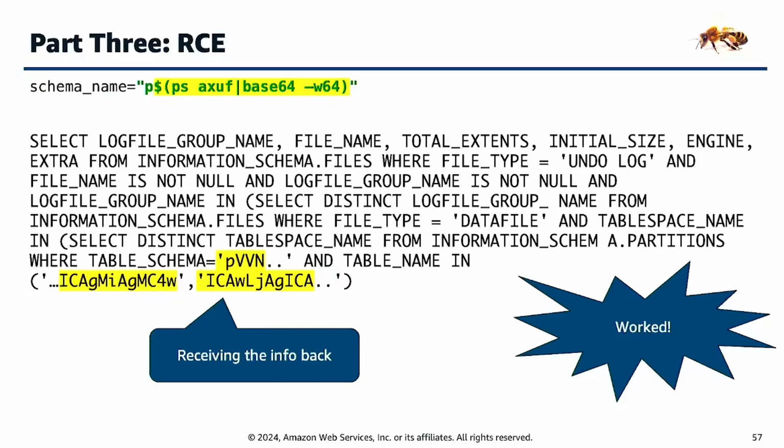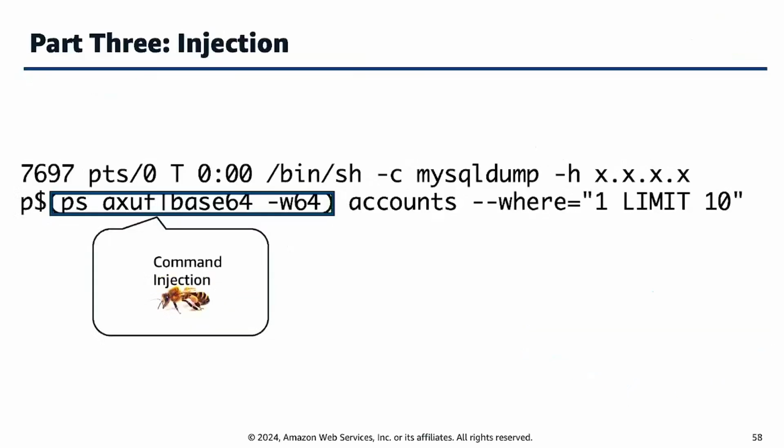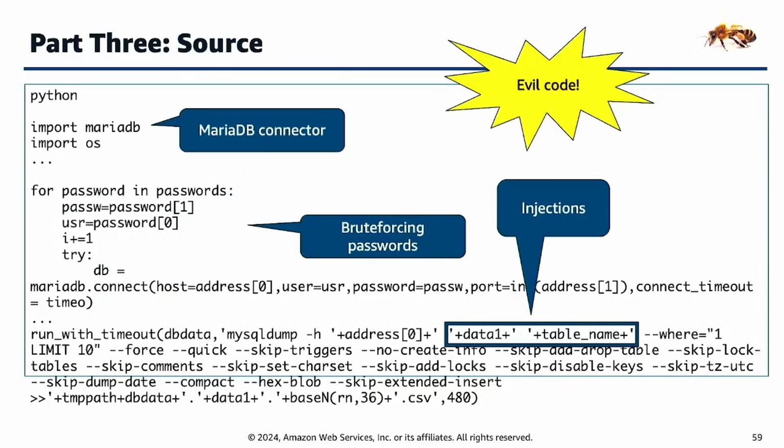I was surprised, but this is how it worked. So we can actually see their process list. We can see their code. And we downloaded this evil code. This is what they're doing. They are using masscan to find MySQL and also MongoDB servers on known ports.